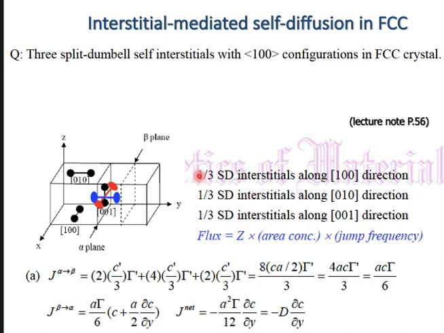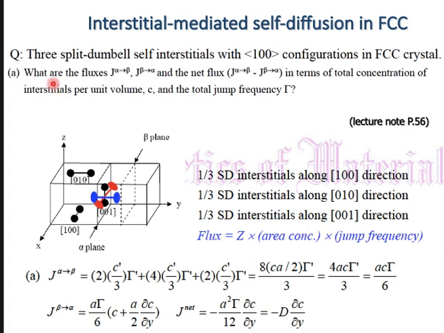We use 1 divided by 3 for each configuration. And we draw 2 FCC unit cells together and highlight the split dumbbell at the center of this face.